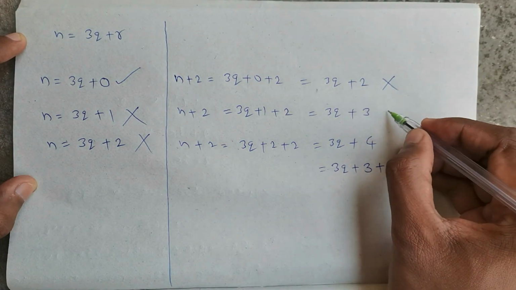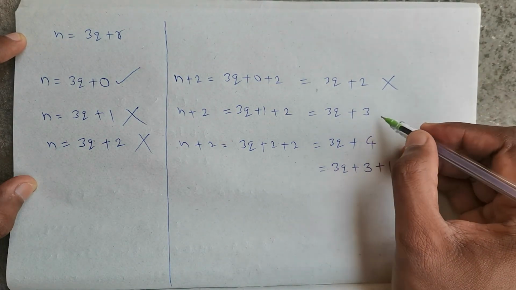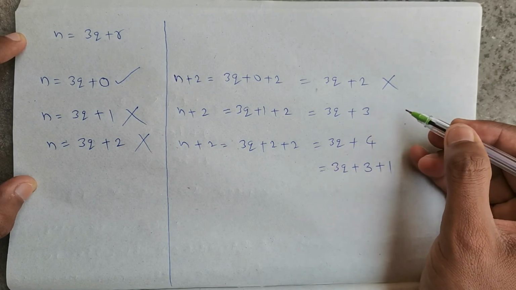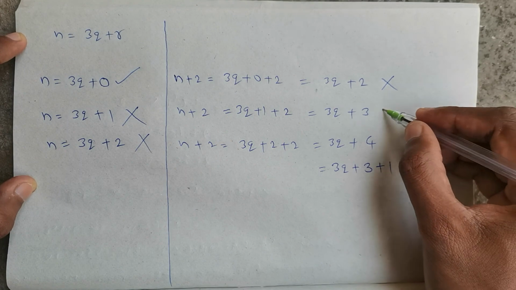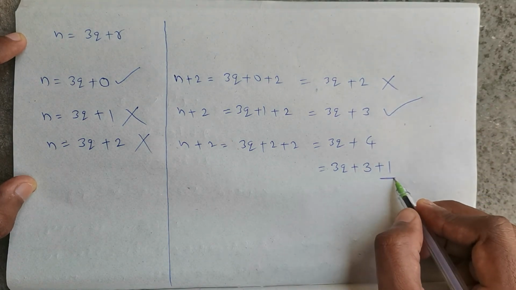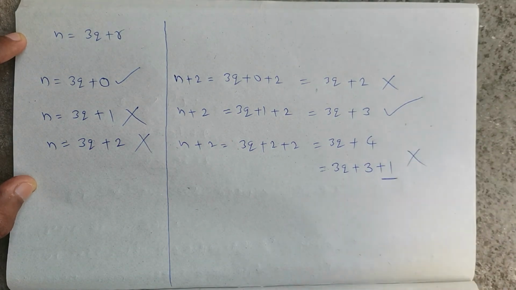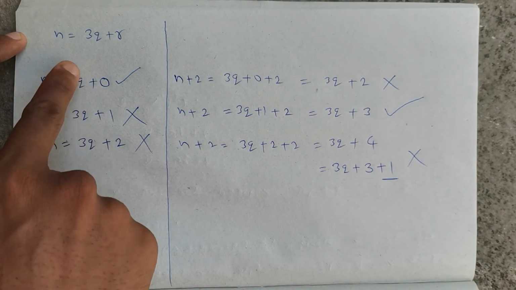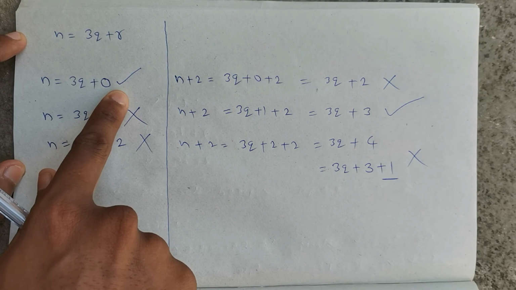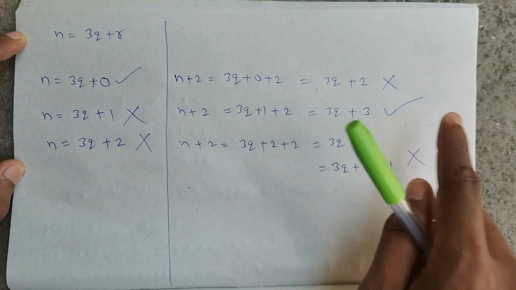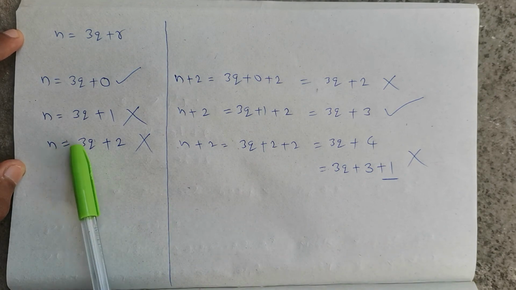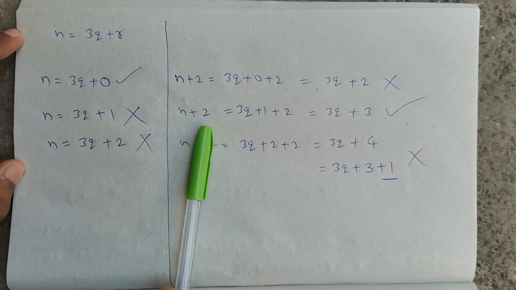Plus 3 is the remainder, means that 3 is also divisible by 3. Next, plus 1 is the remainder. It is not divisible by 3. In the first case, out of 3, only 1 is divisible by 3. And in the second case, out of 3, only 1 is divisible by 3. So the n case is completed, the n plus 2 case is completed.